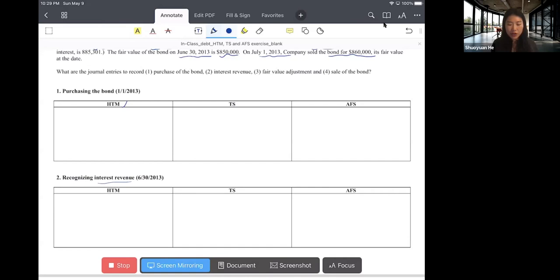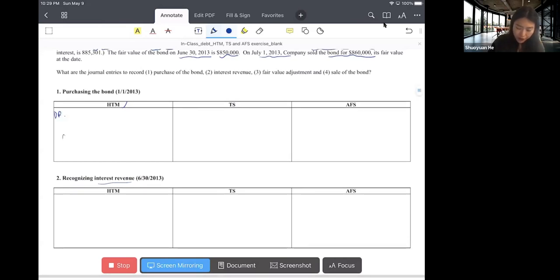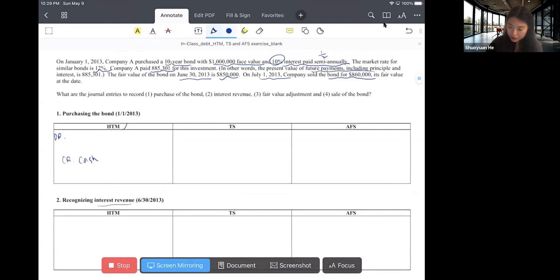So the first journal entry, when you purchase the bond, you are paying out cash, which is 885,301, and you are getting the bond, and this bond is an investment for you. So we debit investment in bond at its face value.